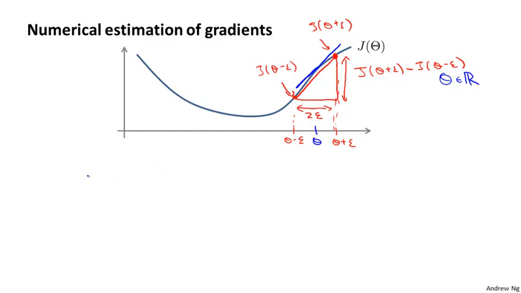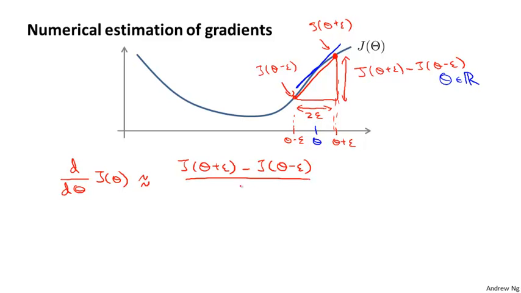So my approximation is going to be that the derivative with respect to theta of J of theta at this value of theta is approximately J of theta plus epsilon minus J of theta minus epsilon over 2 epsilon. Usually I'll use a pretty small value for epsilon, maybe on the order of 10 to the minus 4.